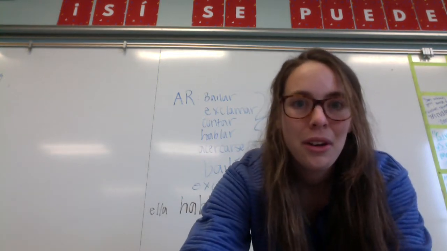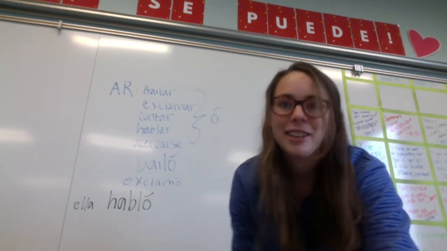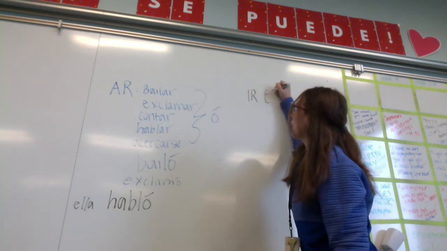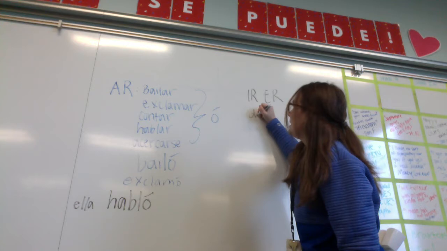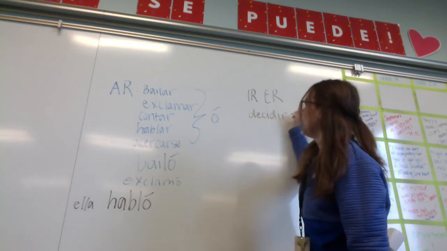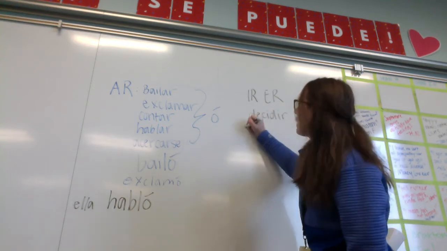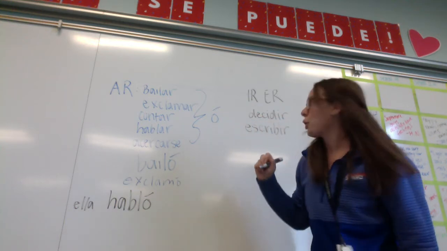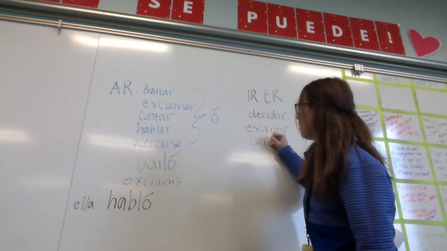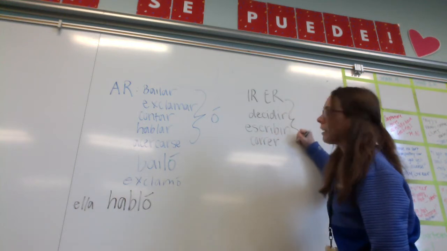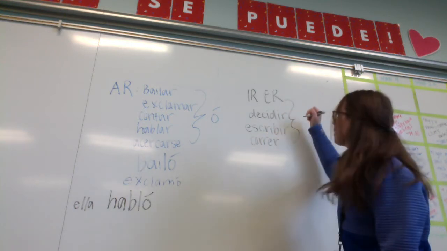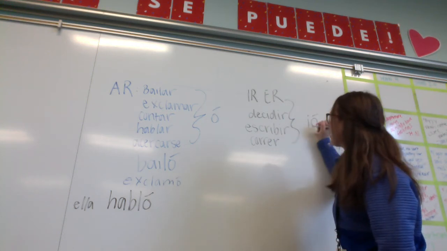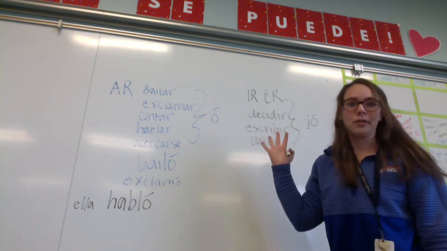Then, we turn a little over here so I have more room. We take the IR and the ER verbs, things like decidir, y escribir, y correr. And similarly, es súper similar, terminan con un O con acento, pero antes hay un I. Io.